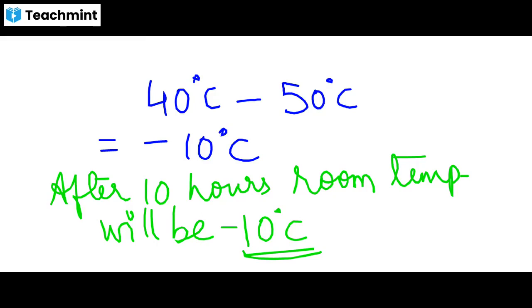Seventh question. In a class test containing 10 questions, 5 marks are awarded for every correct answer and -2 marks are awarded for every incorrect answer and zero for questions not attempted.